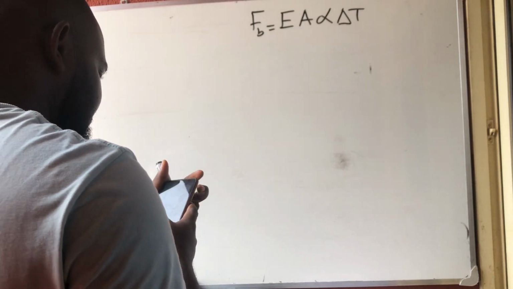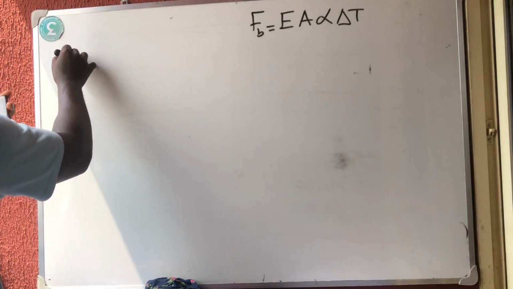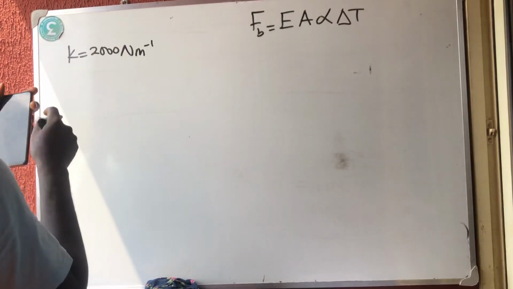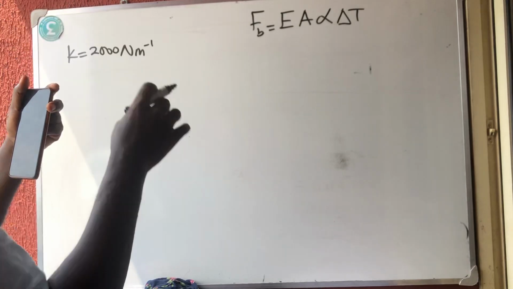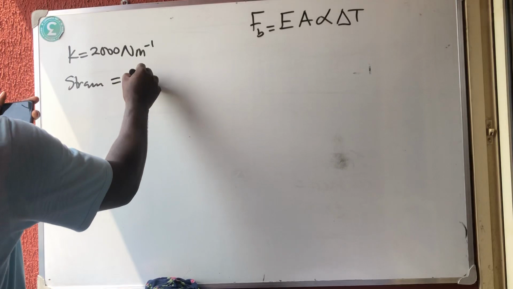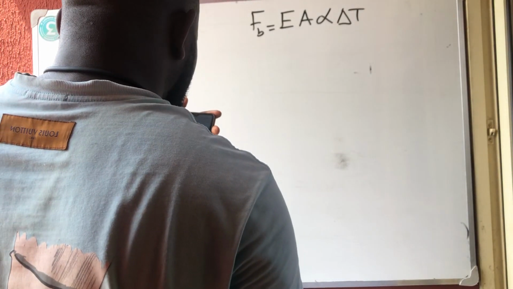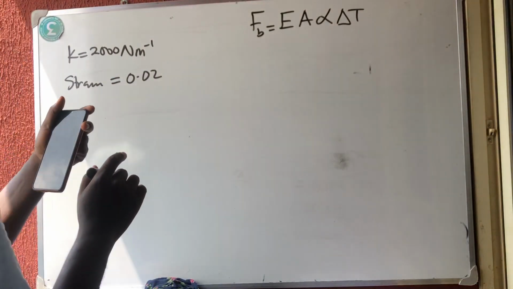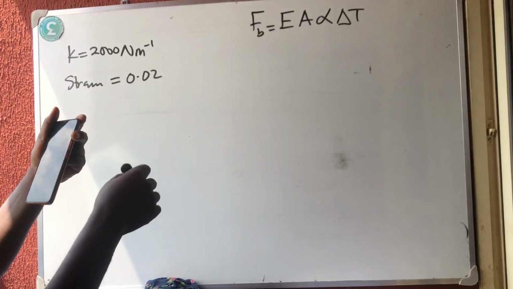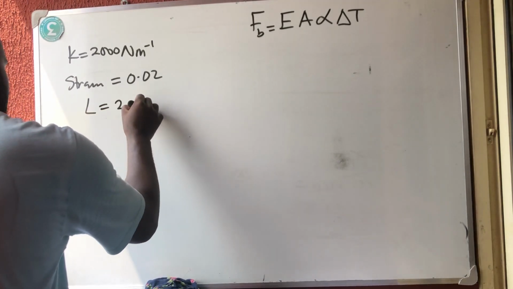They say that an elastic string of force constant K, 2000 Newton per meter, undergoes a strain of 0.02, which does not have any SI unit, under a load of 20 Newton.